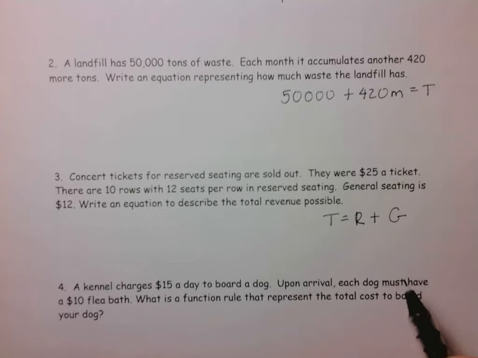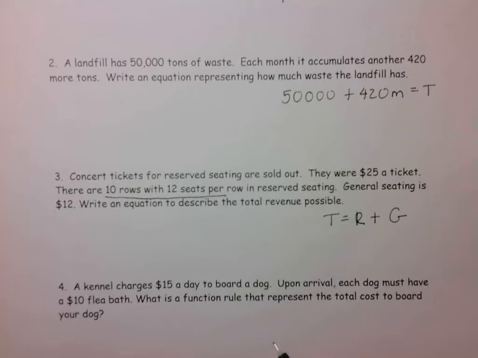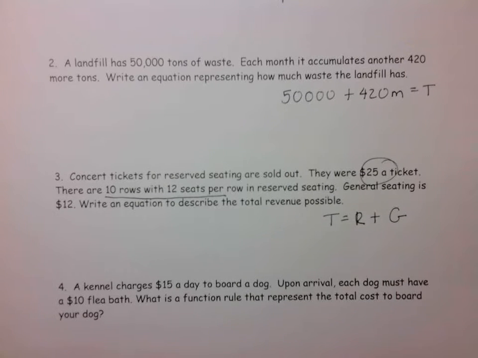What do I know about the reserve seating? Well, first of all, I know they're sold out. And I know there are 120 seats in reserve seating, 10 rows, 12 seats per row. I also know they were $25 a ticket.